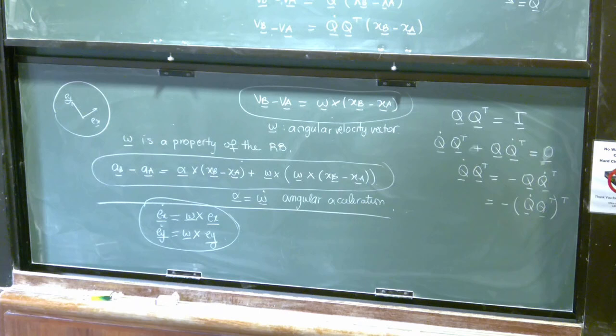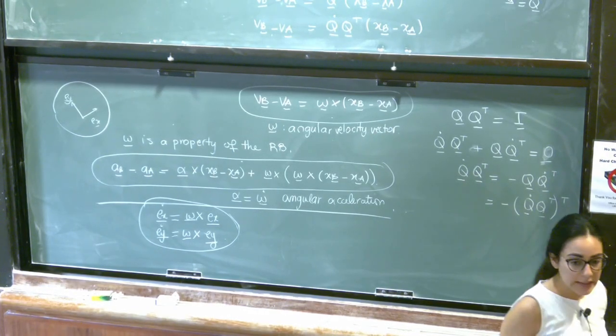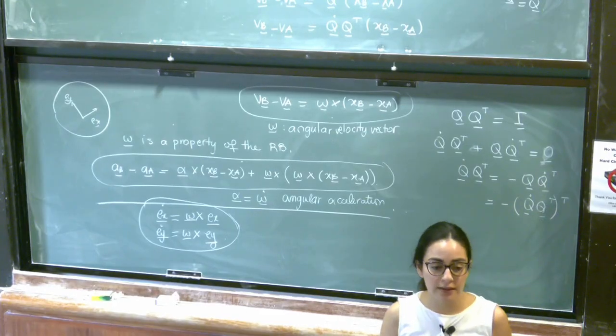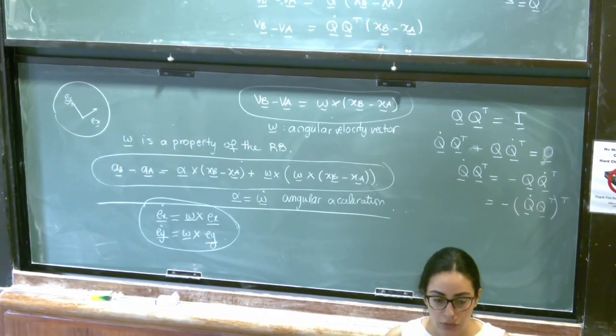Okay. We need to determine the instantaneous velocity and acceleration of point B. So we need to determine VB and AB. What do we do? Take a minute, think about it, chat with your neighbor, and then let's come up with a strategy to determine VB and AB.